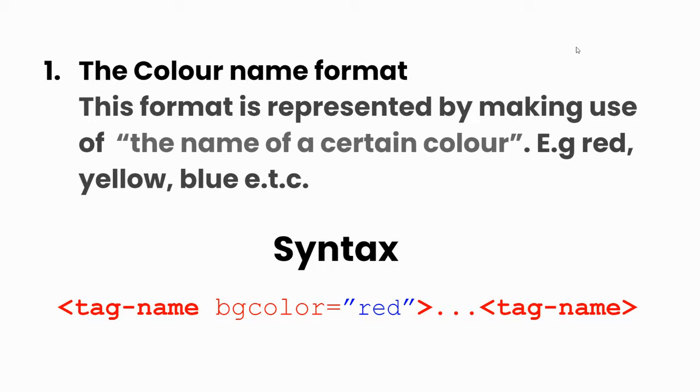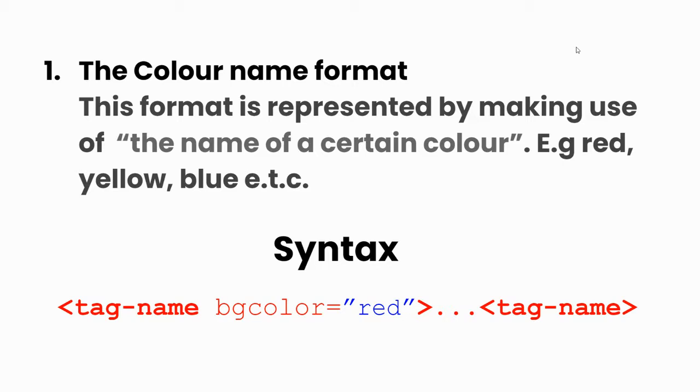So I think this is probably the easiest format. But like I said, the limitation of this format is that you can't really get a precise variant of the color you want. Because from what I know, red, blue, green, yellow, pink, orange, all these colors have particular variants.